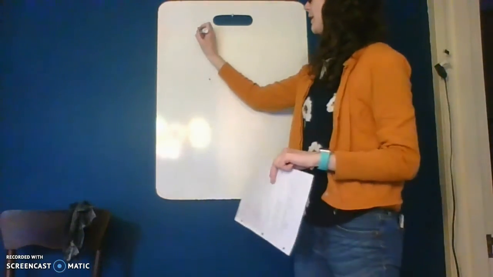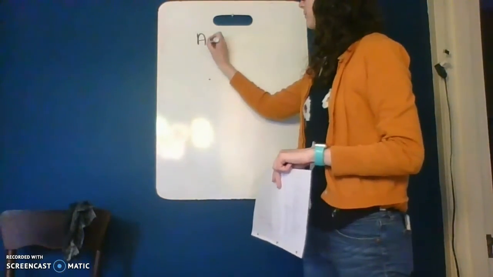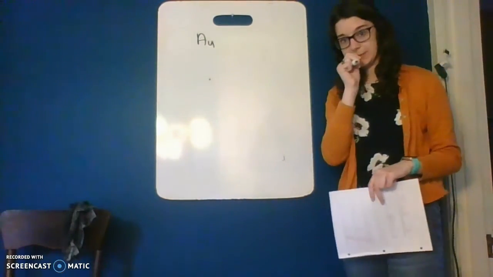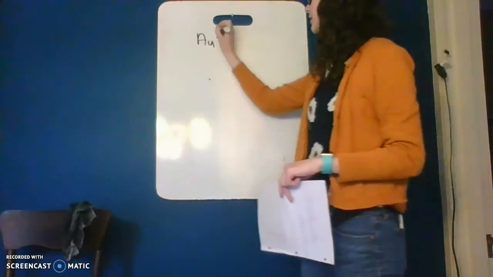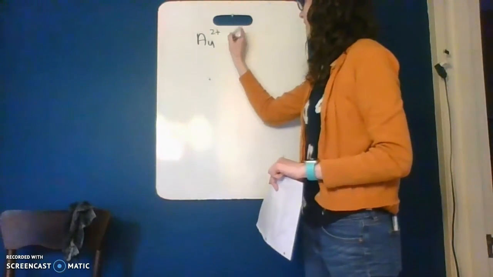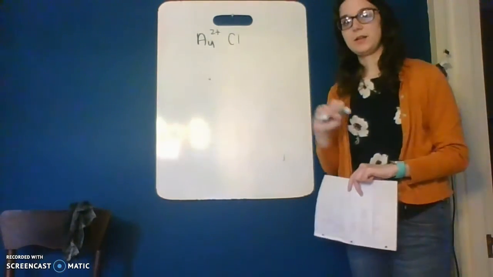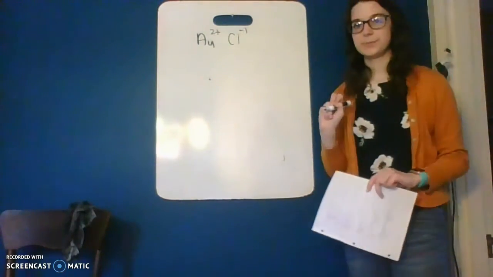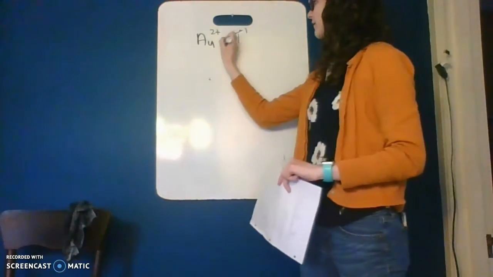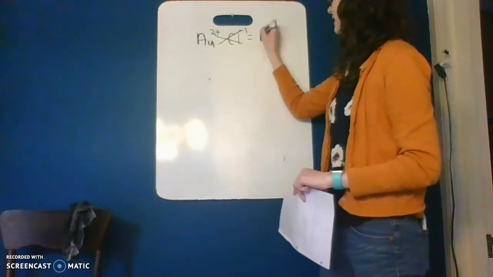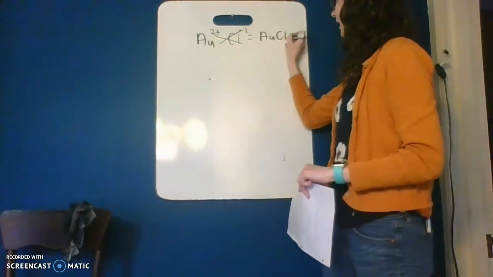From the periodic table, I know gold is Au. The II tells me that in this compound, gold has a +2 charge. So I have Au2+, and it's chloride, so that's Cl, which always has a charge of -1 in a compound. If I crisscross, I find this chemical formula: AuCl2.